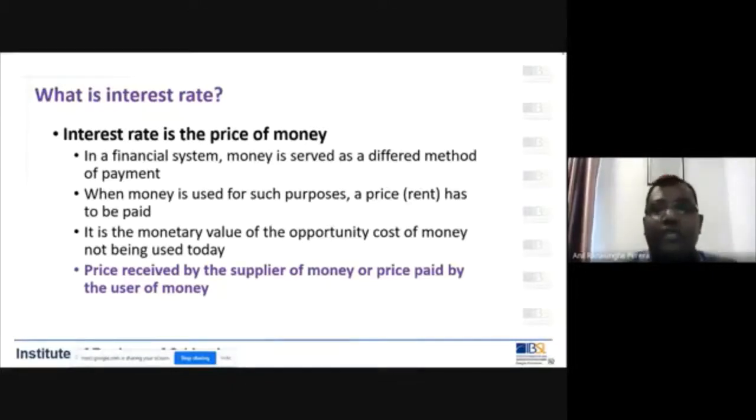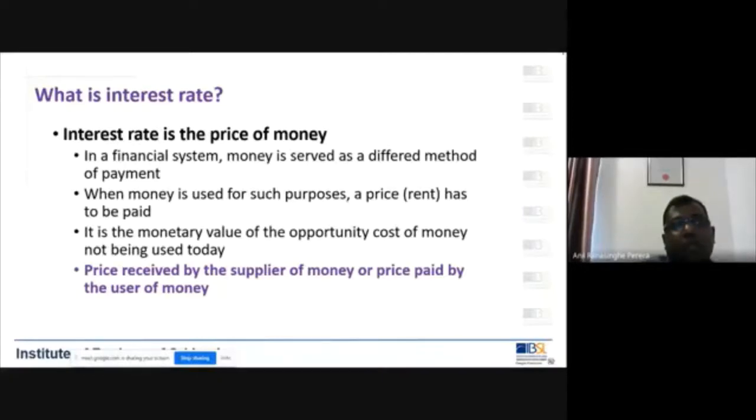We have seen that money as a financial asset is used for different purposes, for different needs in the economy. People borrow money for their needs and they make payments as deferred payments, which means they settle loans. When they do, they do it using money.